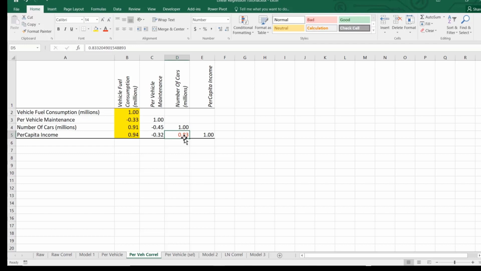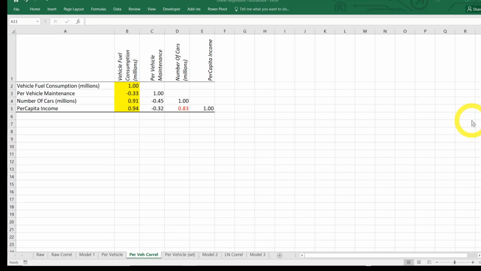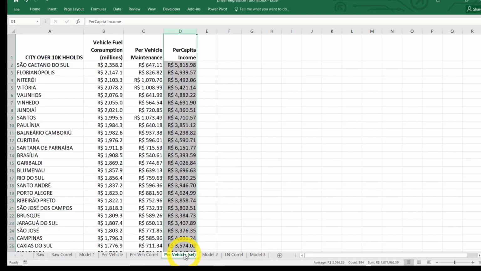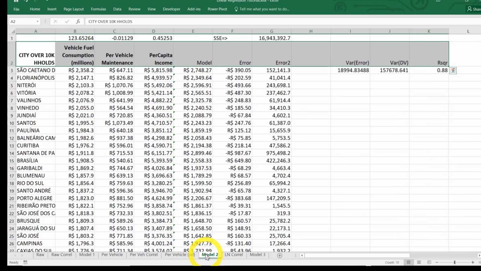We want to avoid predictors that are correlated. In order to avoid multicollinearity, our best options are to use per capita maintenance expenses and to ignore the number of cars because number of cars and per capita income are highly correlated. So our best options are to use per capita vehicle maintenance and per capita income as predictors. And this is what I have done here in my second model.